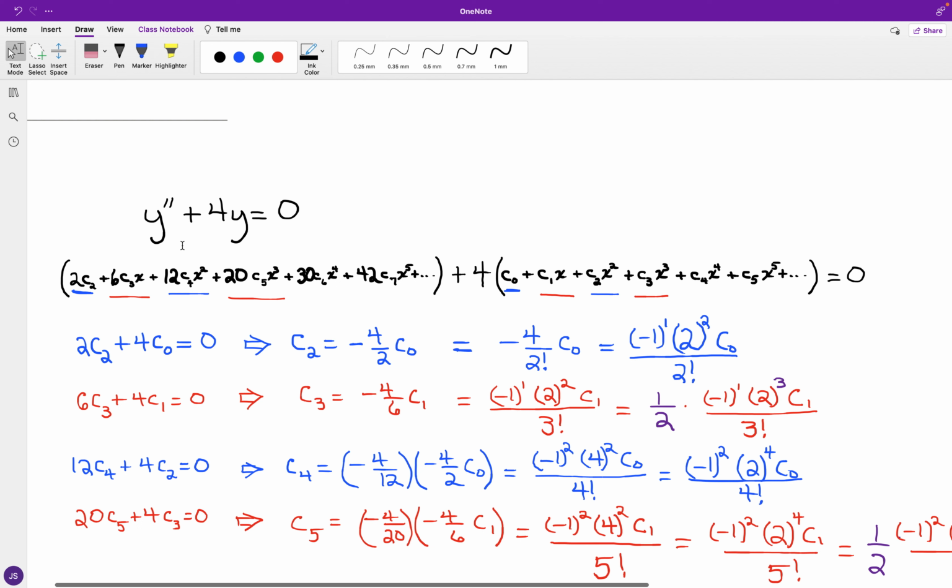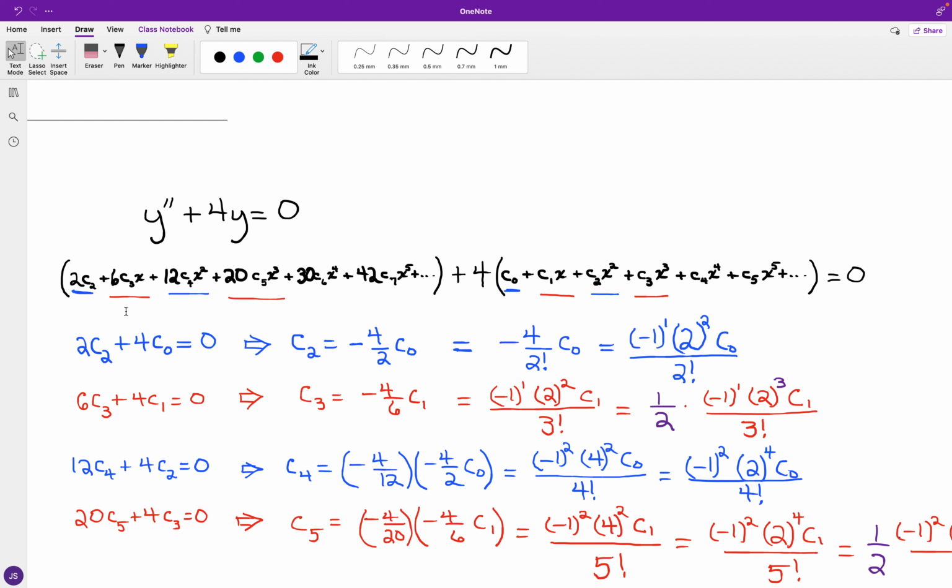So y double prime starts with the term 2 times c sub 2, and we have 4 times the quantity y, with the series expansion where the leading term is c naught. Combining like terms and setting to 0, you have 2 c sub 2 plus 4 c naught, the only standalone constants.